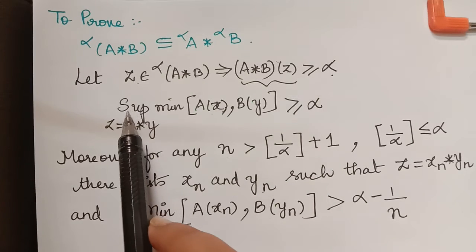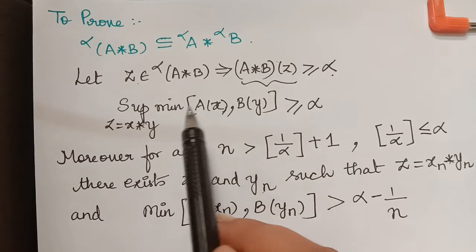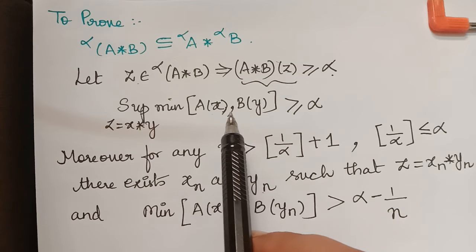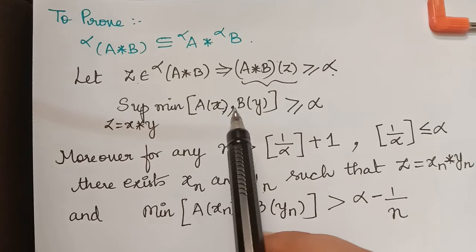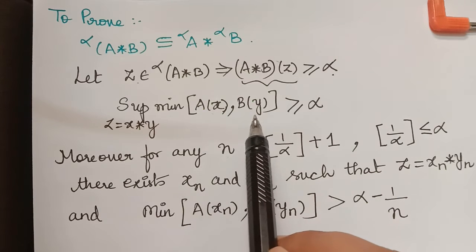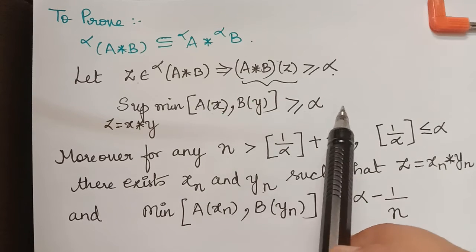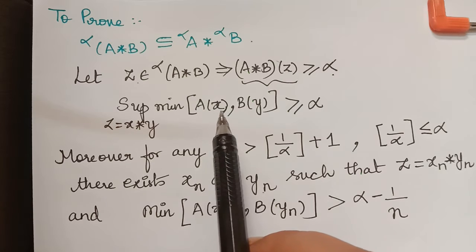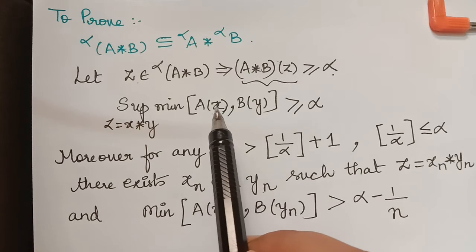Now actually, for the supremum of the minimum of these two values, we will be having x0, x1, x3, etc., xn values. Similarly, we will be having y0, y1, y2, etc. So out of those values, we have to choose.